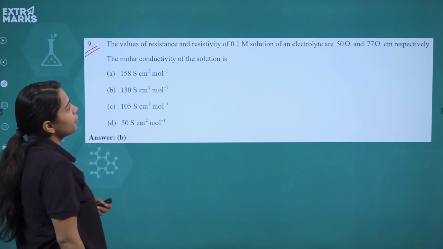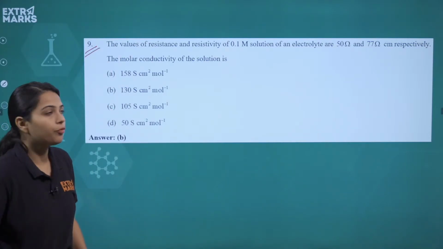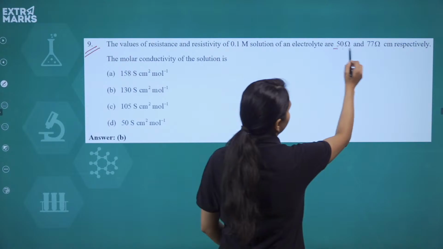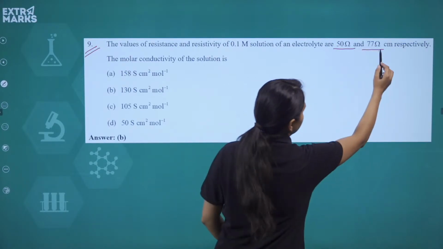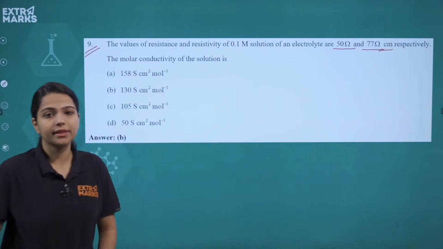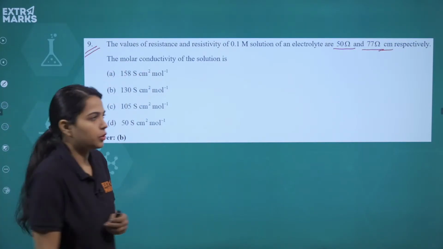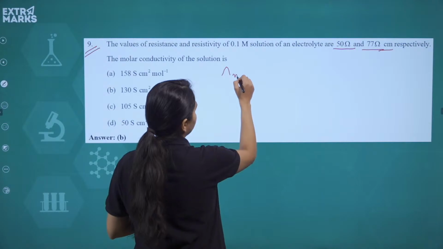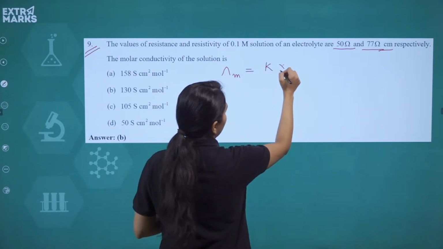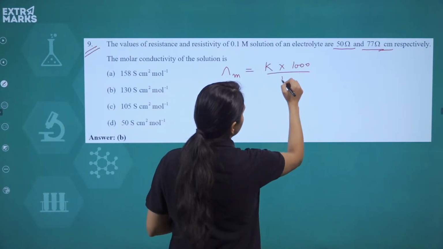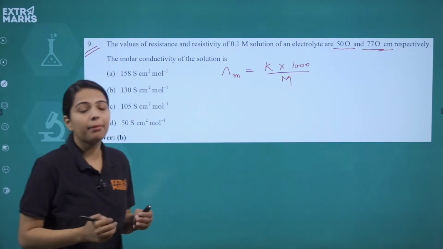The values of resistance and resistivity of 0.1 molar solution of an electrolyte are 50 ohms and 77 ohm centimeter respectively. These are resistance and resistivity. The molar conductivity of the solution is what? So if I want to find out the molar conductivity, it is kappa into 1000 upon m. This is what I just told you. What is kappa? Kappa is 1 upon rho.